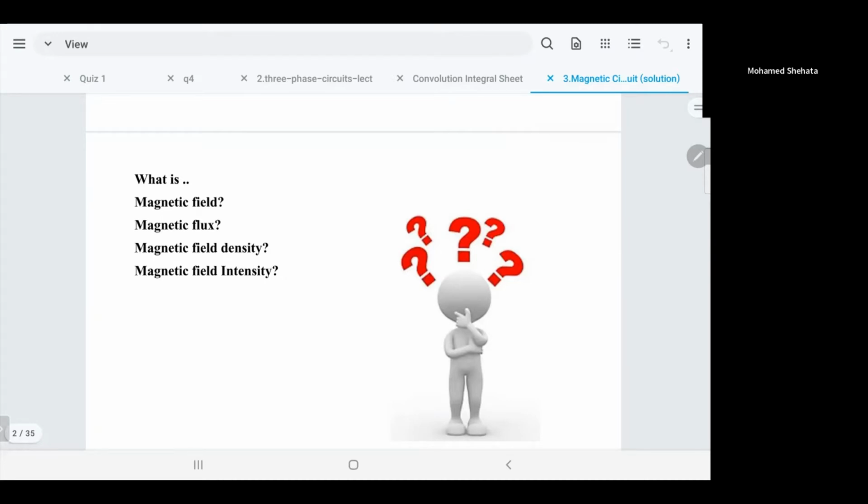What about the magnetic flux? This word flux is used not only in magnetic field, but in many other places.